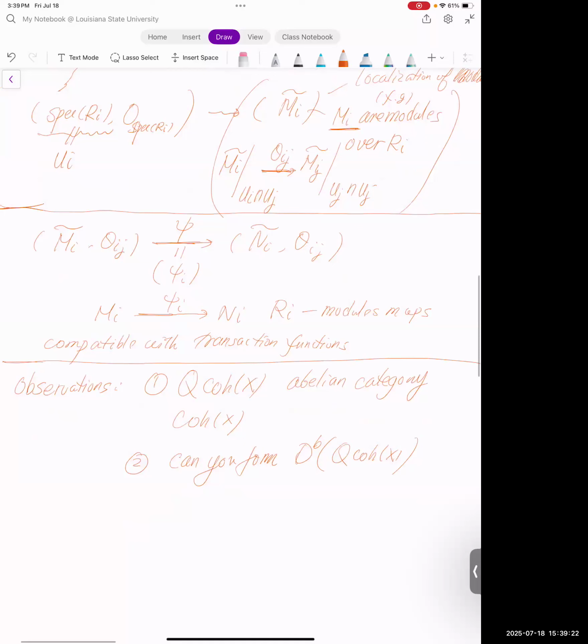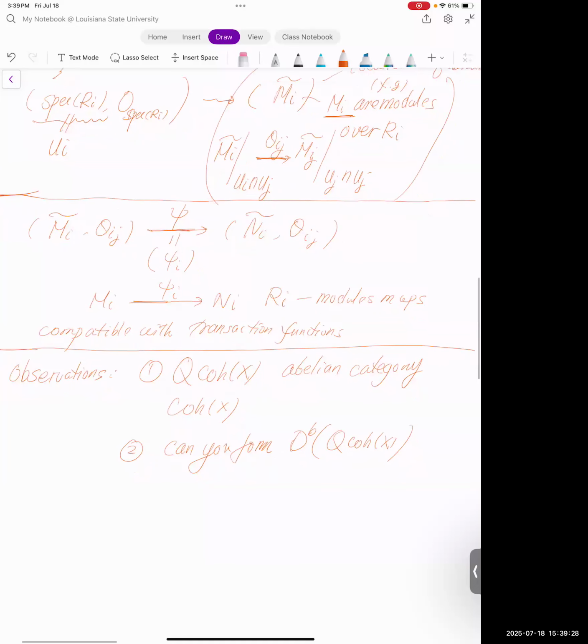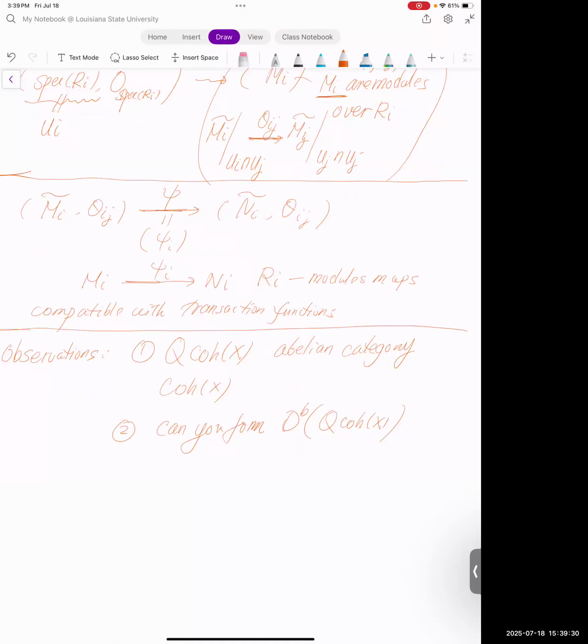You can do it, but you need some better ways to make this construction nicer. And usually under two conditions you can do it. Either every object has enough projectives, which means you can do projective resolutions. Now the sheaf category doesn't work, so this will not work.